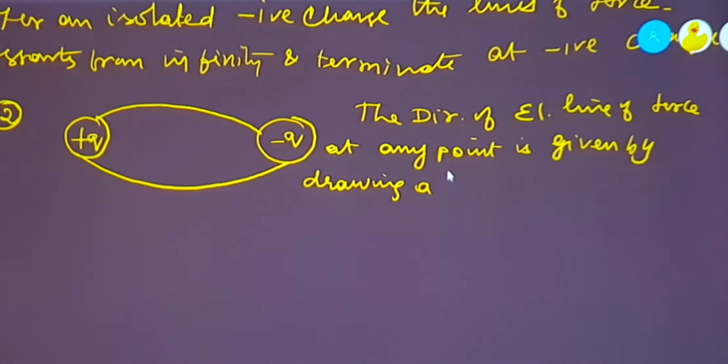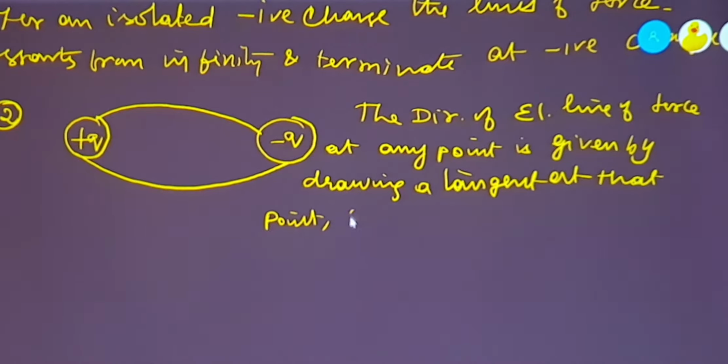See, at whatever point you want to get the direction, at that point you draw a tangent, which gives you the direction of the electrical field as well as the electrical lines.